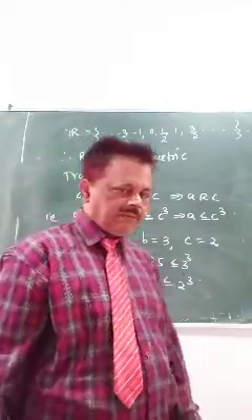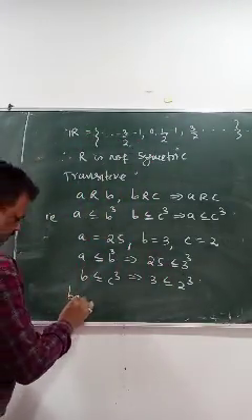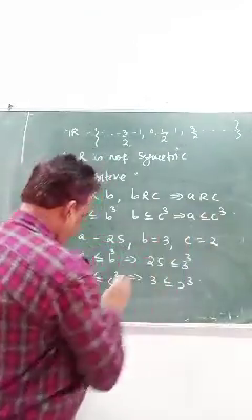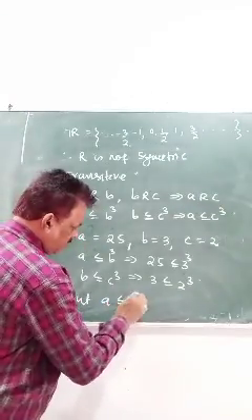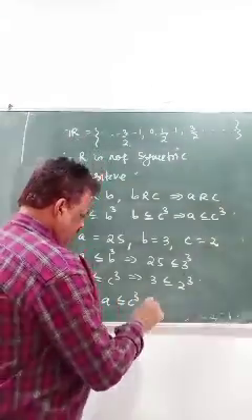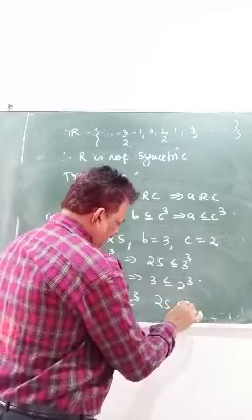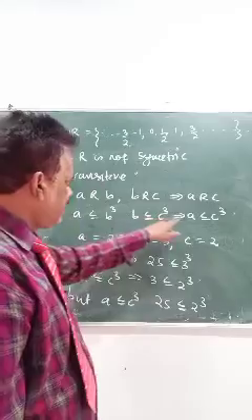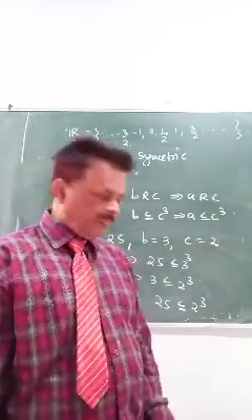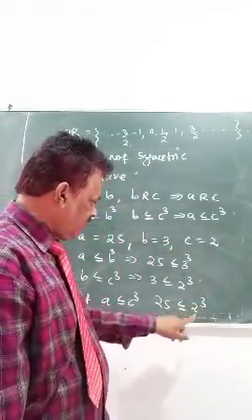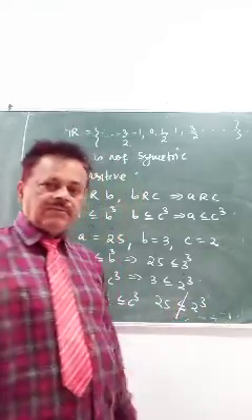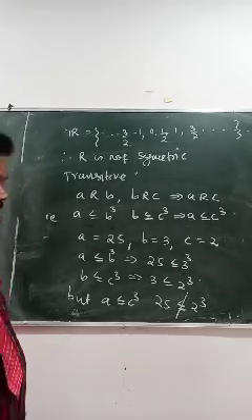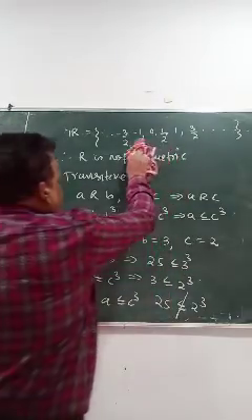This is also possible, but the conclusion should be A is less than or equal to C cube. That means 25 should be less than or equal to 2 cube, because C you have taken as 2. 25 is less than C cube, not coming, not possible, because this is 8. Therefore you can write R is not transitive.